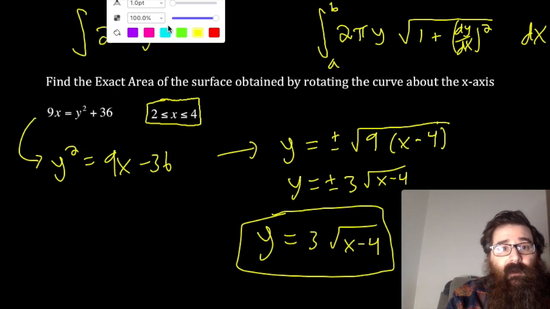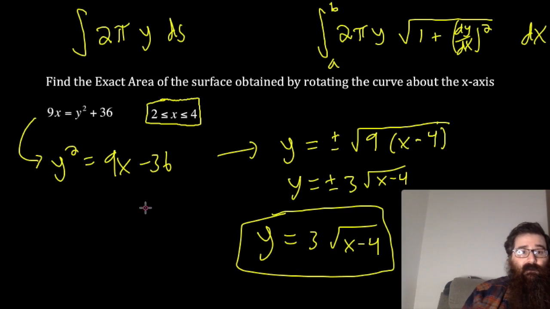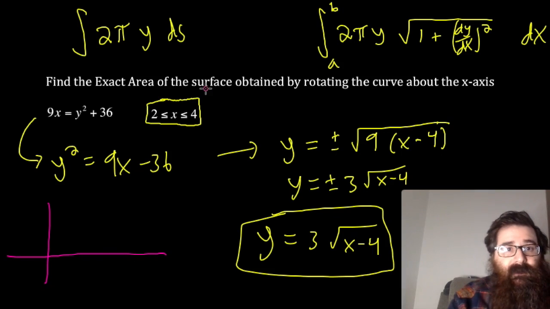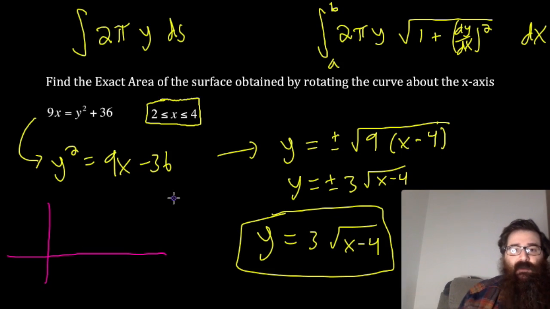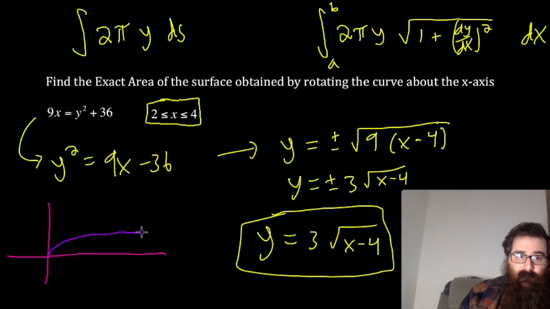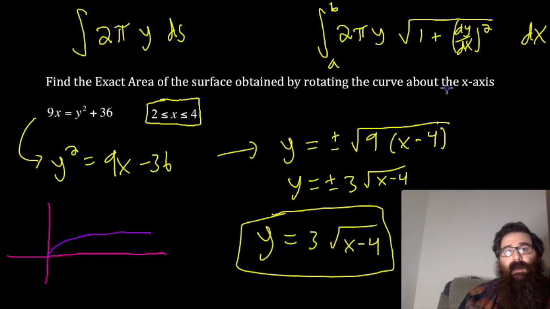So if I were to draw a quick sketch as to how just the principal square root looks, here, let me get my axes. I guess I'll switch to a different color. If I were to just draw this principal square root, or just some generic square root function, that would be in quadrant 1, looking like this. And I'm rotating about the x-axis.